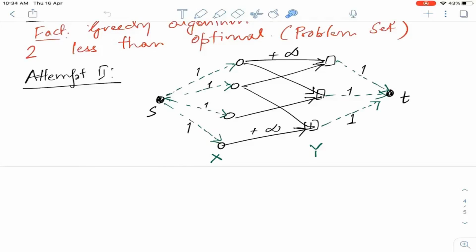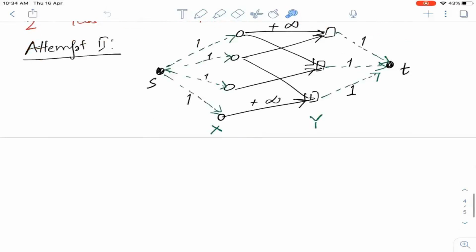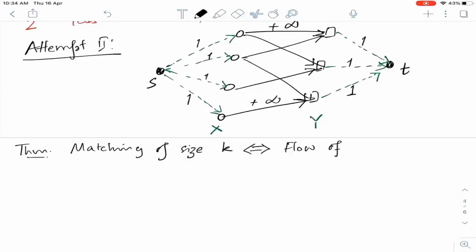Now let's quickly see why solving an S-T max flow gives an answer for the maximum matching problem. It's pretty straightforward to see, but let me state the theorem nonetheless. Theorem: a matching of size k is equivalent to a flow of value k in G prime.